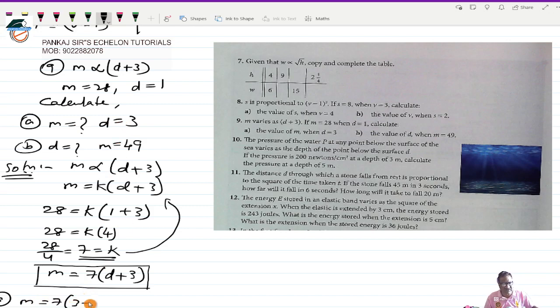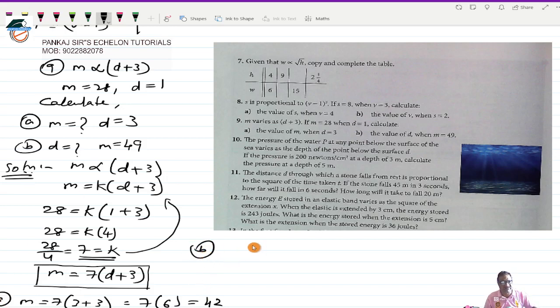So I'll take 3 plus 3. That is M equals 7 times 3 plus 3, which is 6. 7 into 6 is 42. So A's answer is M is equal to 42, when D is equal to 3.